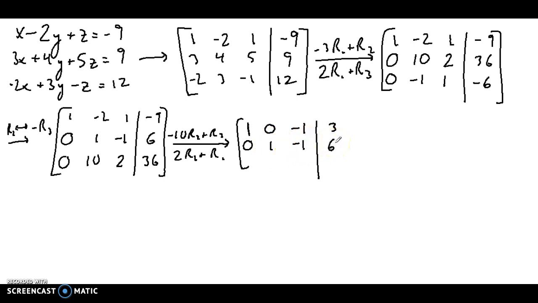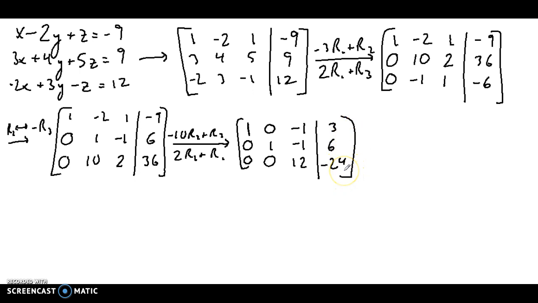Then row 3, I'm taking negative 10 times this and adding that. So negative 10 plus 10 is 0. Oh, the zeros don't change. That's a 0. Negative 10 times 1 is positive 10, plus 2 is positive 12. Negative 10 times 6 is negative 60, plus 36 is negative 24.